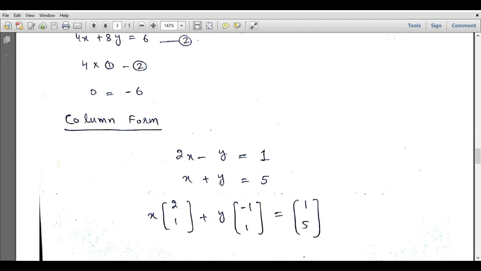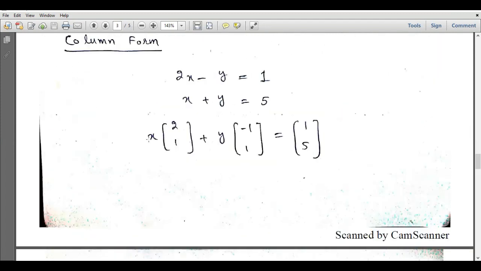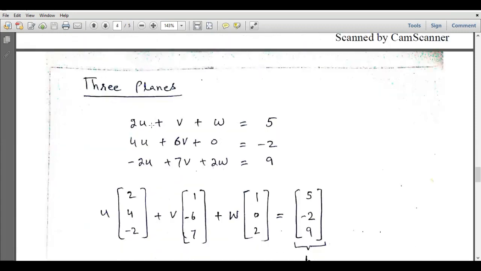Similarly, plus y is taken as common, and minus 1, 1 will be written in the column form, and in the right hand side we will have 1, 5 also in the column form. Similarly, this column form can also be written for the three variable case, and in that case we will have u here. 2 minus 4 2 will be in the first column, plus v into 1 minus 6 7. So this is minus 6v.